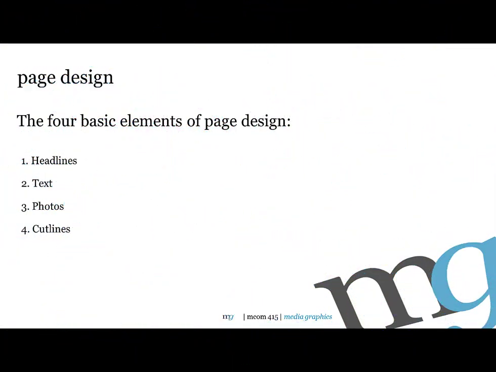When we look at page design, we're actually looking at juggling 4 different types of elements. We're looking at headlines, we're looking at text blocks, we're looking at photos, and we're looking at cut lines, which are also sometimes called captions.